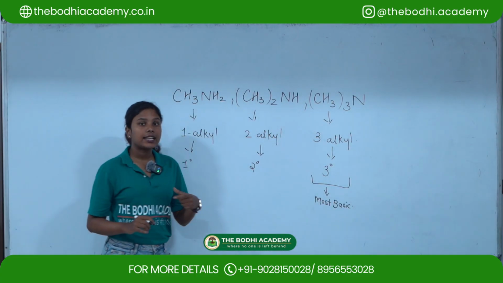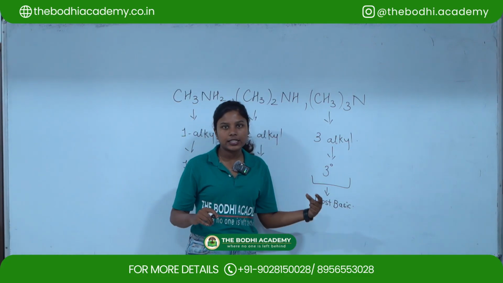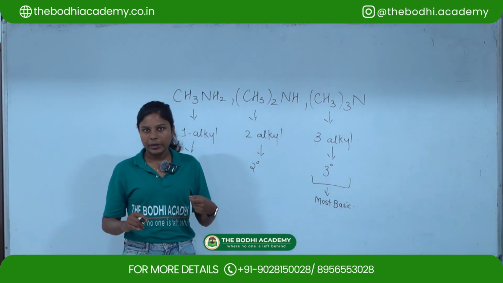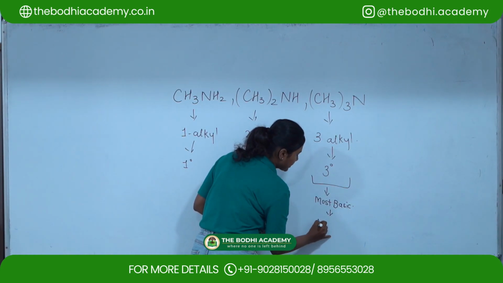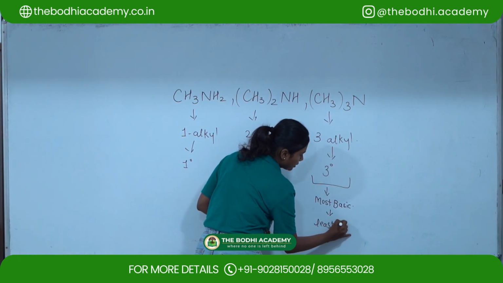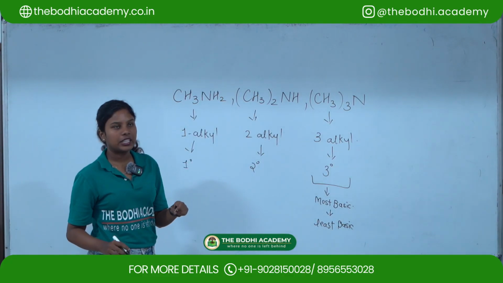But there is an exception here that occurs. Technically this one should be most basic depending on the alkyl groups, but what is happening here is that we say that this is the one that is least basic. Now why is this one least basic?